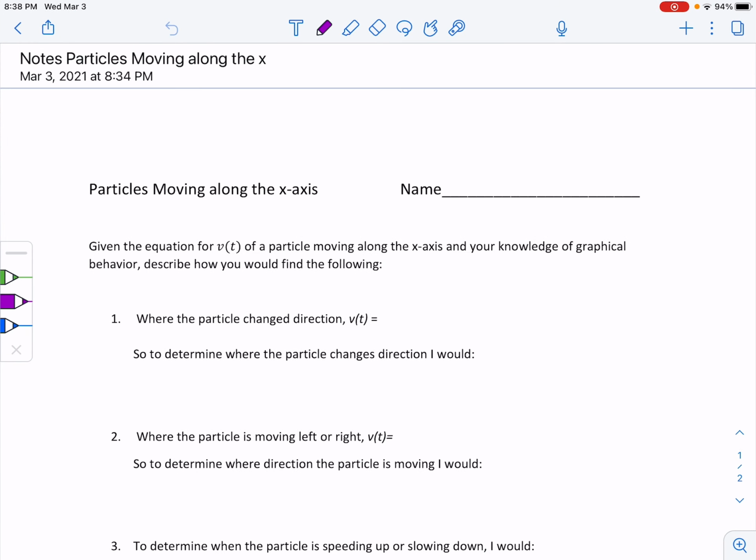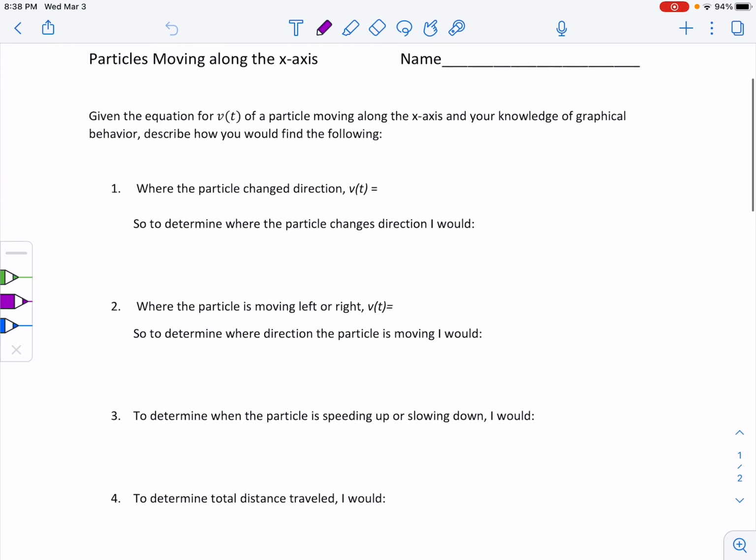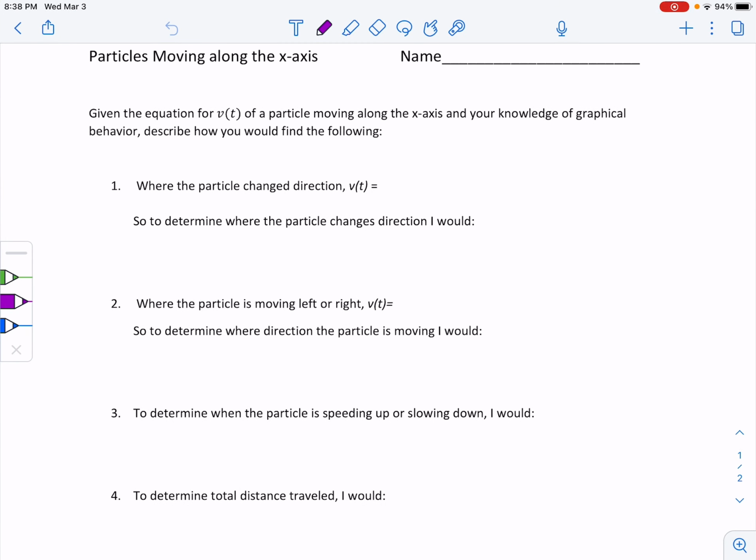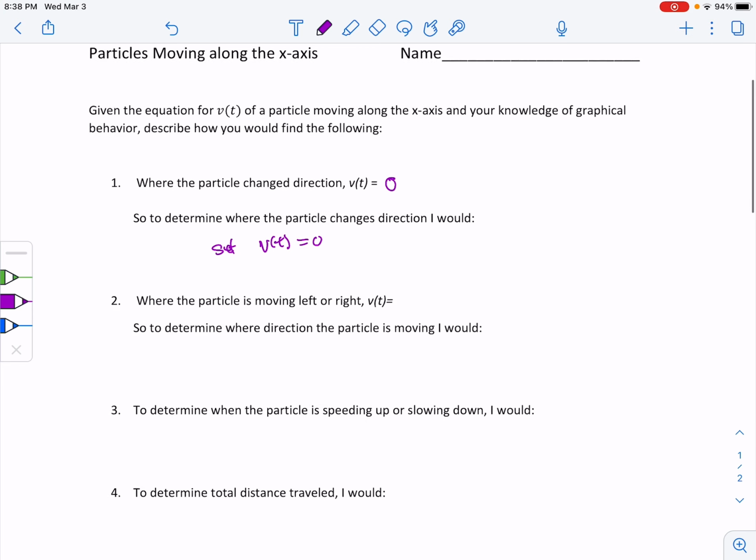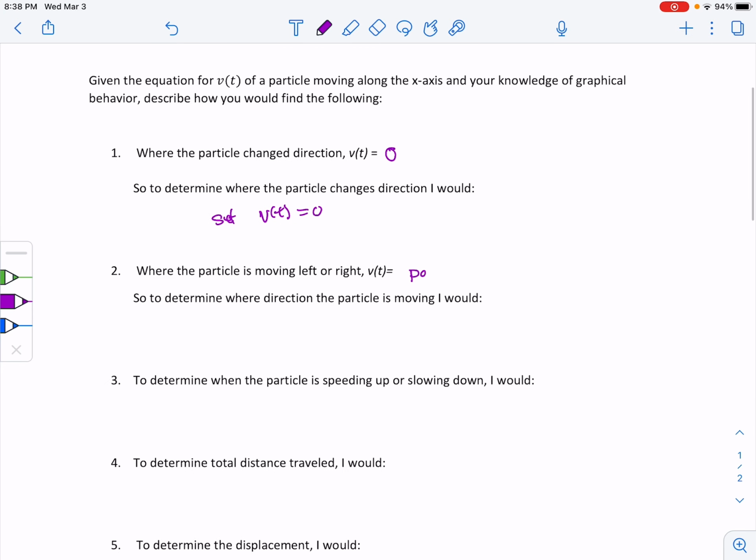particle movement along the x-axis. These are things we know from before, and we're going to add 2 things to it. It says, when does the particle change direction? Velocity is equal to 0. So in order to determine where the particle changes direction, you set v of t equal to 0. When the particle is moving left, velocity is negative.